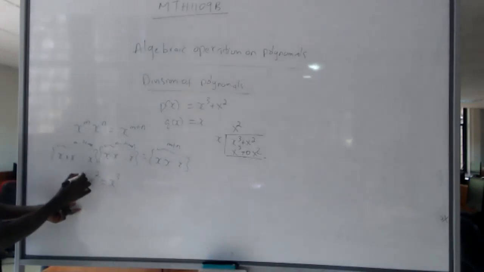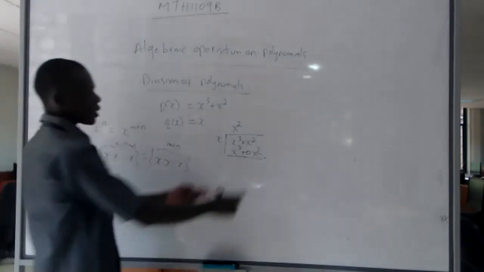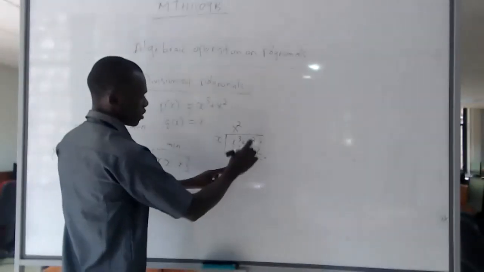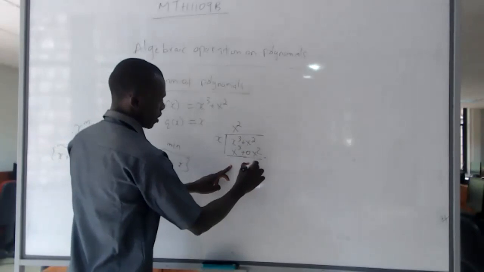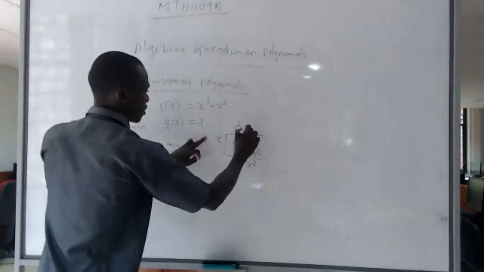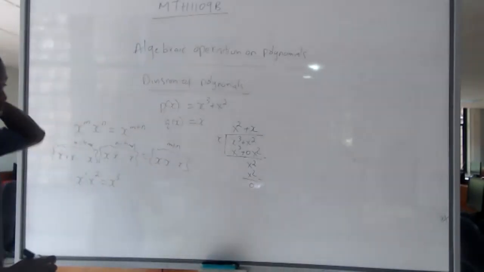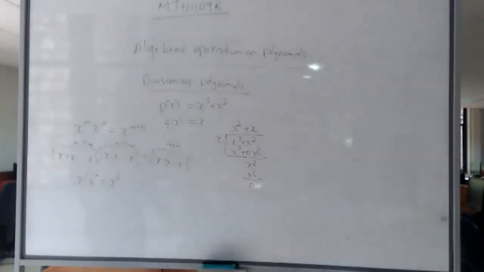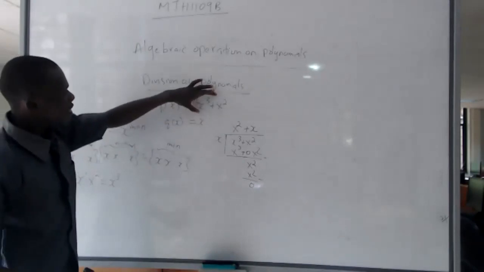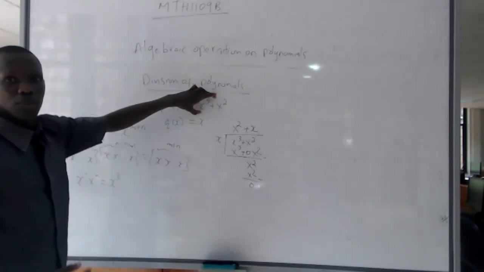There's a silent one here, so 1 plus 2 is 3. Then when you subtract, x cubed minus x cubed is 0, x squared minus 0 is x squared, and then x divides x squared, x times, so I get x, and subtract 0, so the remainder is 0. That means your polynomial divides, so the polynomial q divides the polynomial p without remainder.